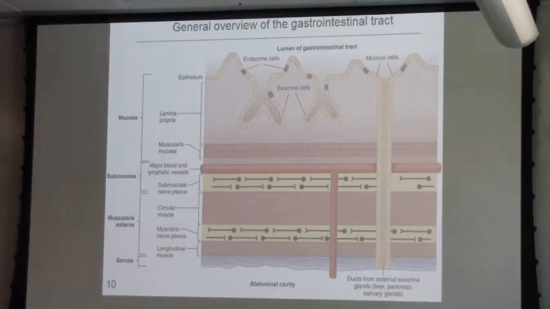It's controlled by nervous activity in two nerve nets, which are called the submucosal nerve plexus and the myenteric nerve plexus. This is the gut nervous system. You have millions of neurons in your gut to control this.